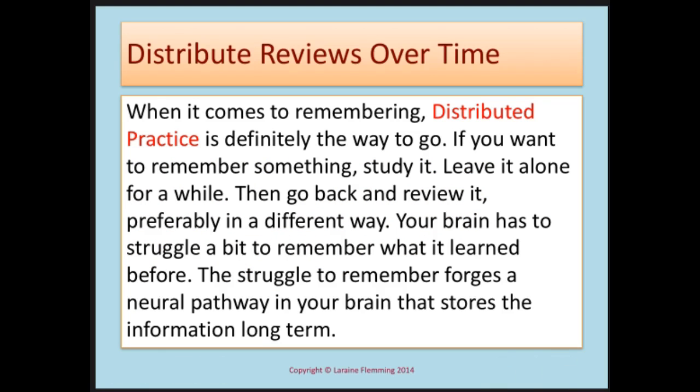Well, when it comes to remembering, the most important thing is distributed practice. That means you work with it for a while, you leave it alone, you come back to it another day, and the struggle to try to remember is what really forges these deep and long-lasting neural pathways in your brain that stores the information.